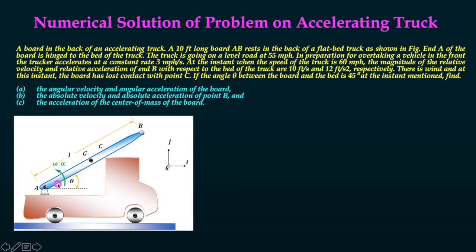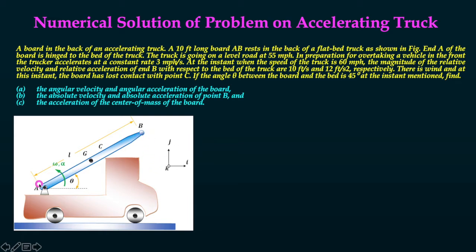And with respect to the track, the board is only rotating, no translation, but the track itself is translating in the forward direction, in this direction. So as a resultant, this board is also subjected to translation.